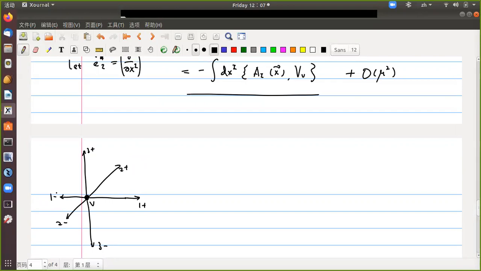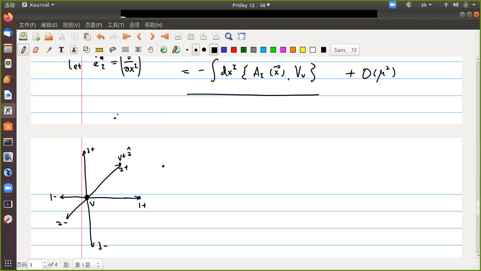Now 1 plus, 2 plus, 3 plus, you can use these three edges to build a cube, because you will get another vertex, v plus 2 hat, right? And then here this is another vertex, and this is another vertex, and here, I don't know how to draw.